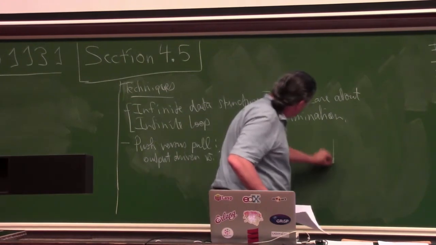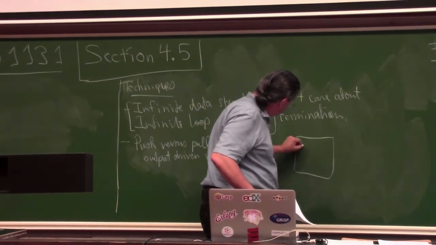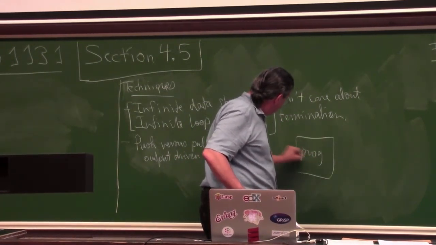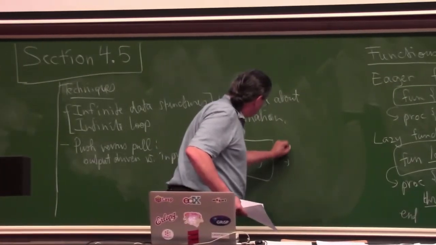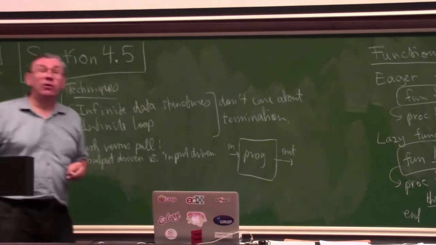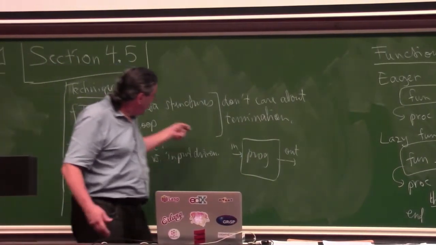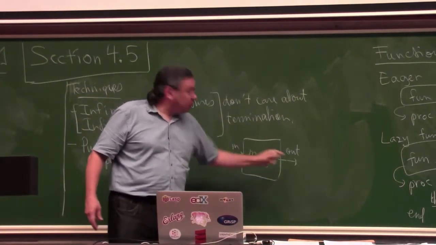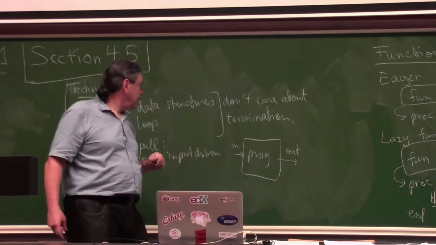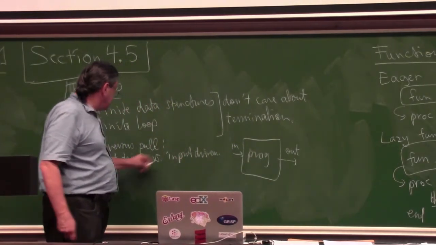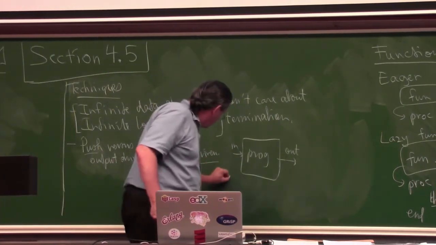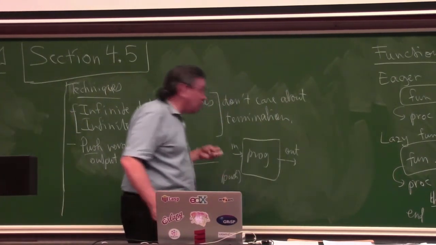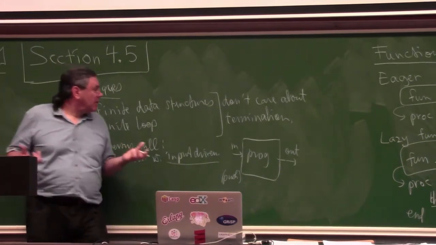So when I have a computation, here's a box, here's a program, and there's an input and there's an output. In the usual eager way, you give inputs, and the outputs appear. So the usual way is called input-driven, it's called push. The push is the usual way programs work.